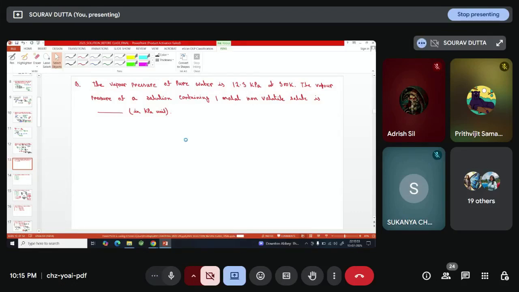That means we have to calculate the vapor pressure of the solution. The vapor pressure in the pure state is given, 12.3 kilopascal. The vapor pressure in solution, this you have to calculate.